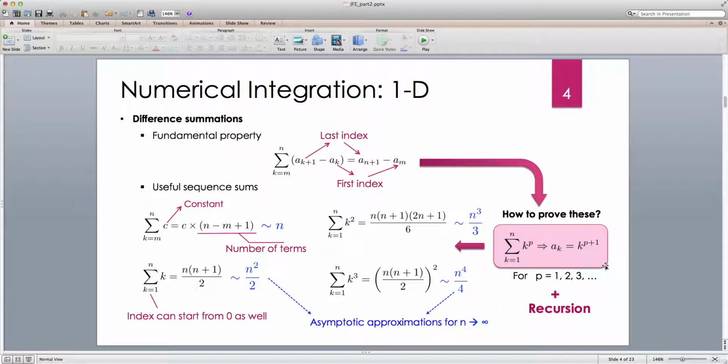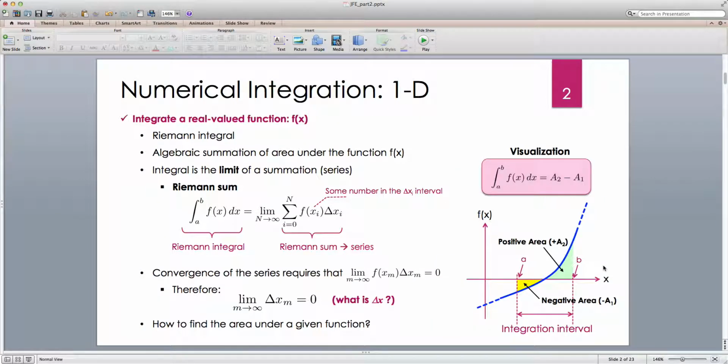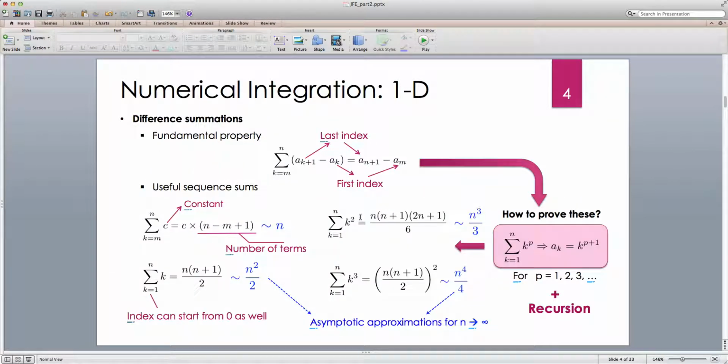Now in terms of calculating this Riemann summation, we typically end up with some series or sequences, the sum of some sequences. And there's a fundamental property which is the difference summation. So if we have a difference summation of the sequence, which means we sum a sequence a_k, and take the summation of the difference of two consecutive terms, so a_(k+1) minus a_k, from some index m to some index n.